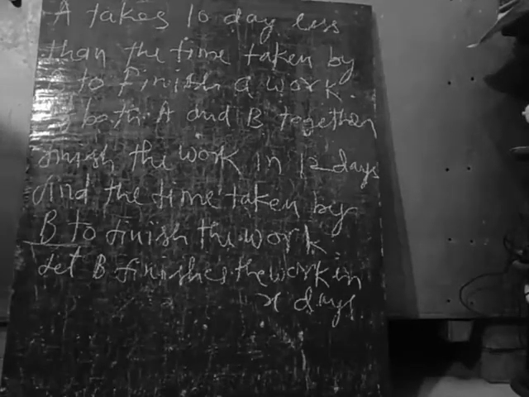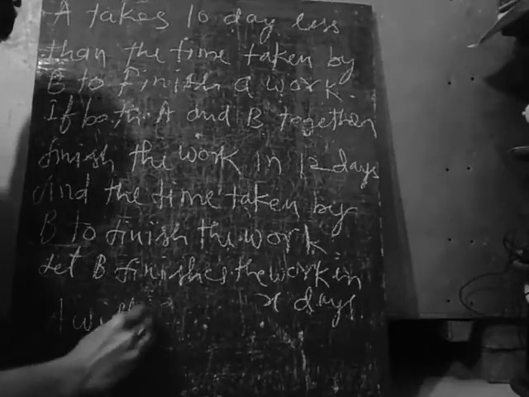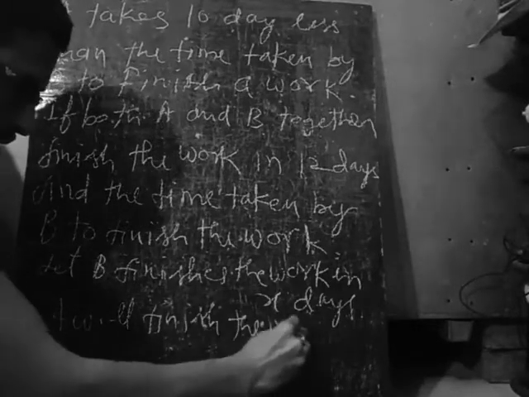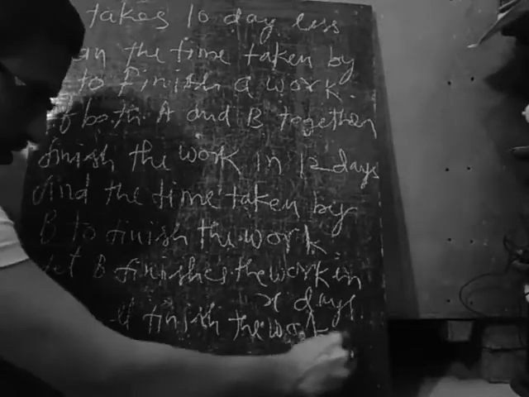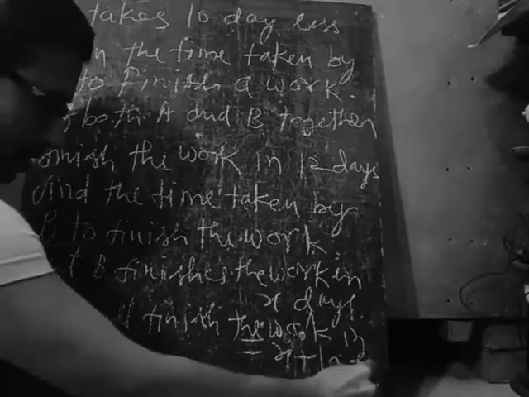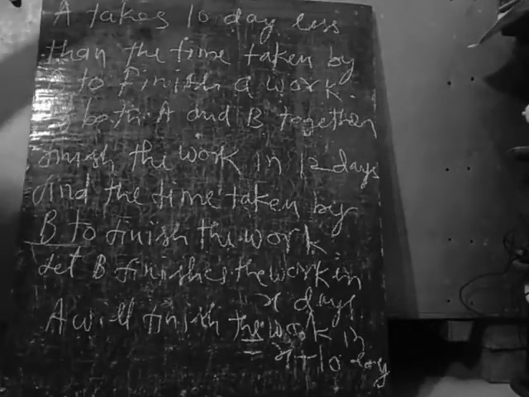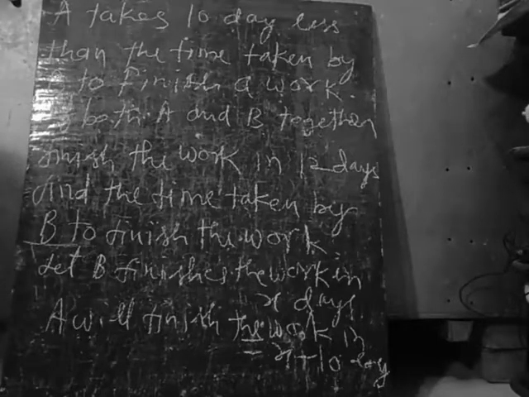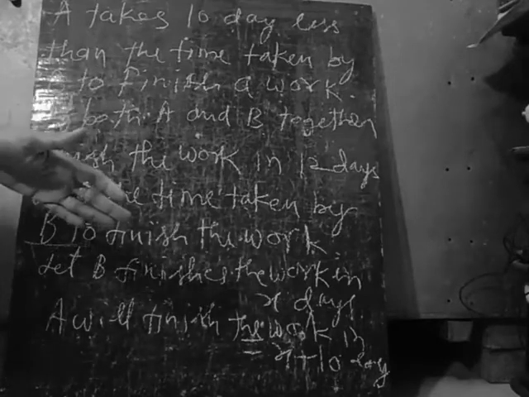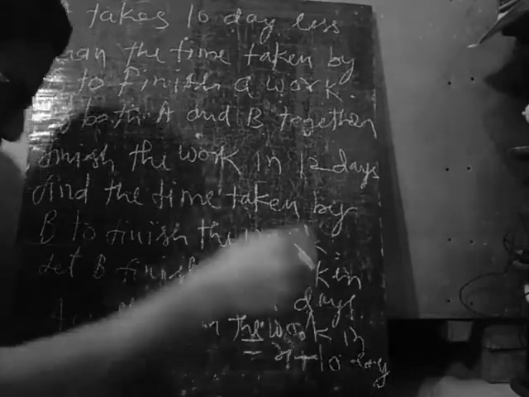So A will finish the work in x minus 10 days. As it is said, A takes 10 days less than the time taken by B. B takes x days, then A will take x minus 10 days.